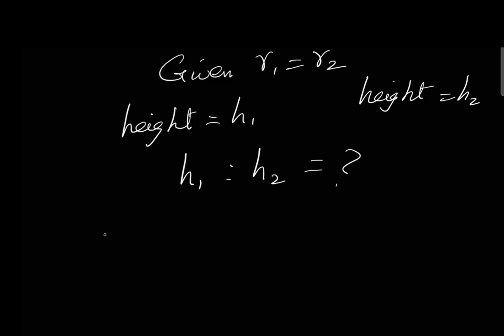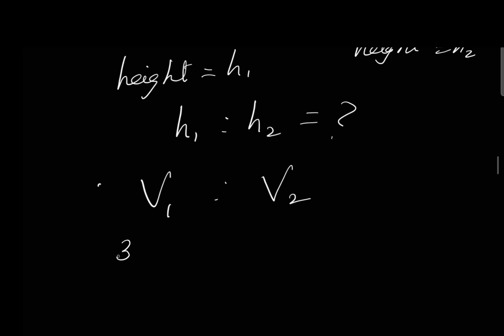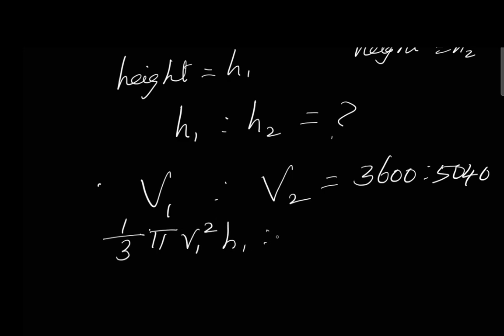So you take the ratio of the volumes, V1 is to V2. V1 is 3600 is to 5040. The formula here: V1 is 1 by 3 pi R1 squared H1, to 1 by 3 pi R2 squared H2, is equal to 3600 is to 5040.